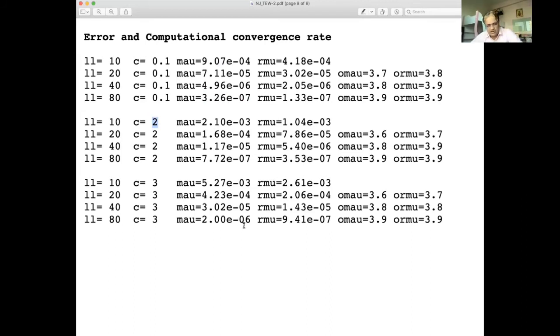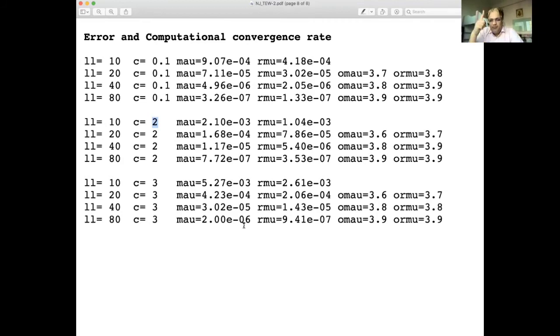So in this case also, I have seen that when C is small, C is 0.1, this is giving a better result, right? This is just by chance. It may be possible that for C equal to 5, you can get a good result compared to C equal to 0.1. It depends on the problem.